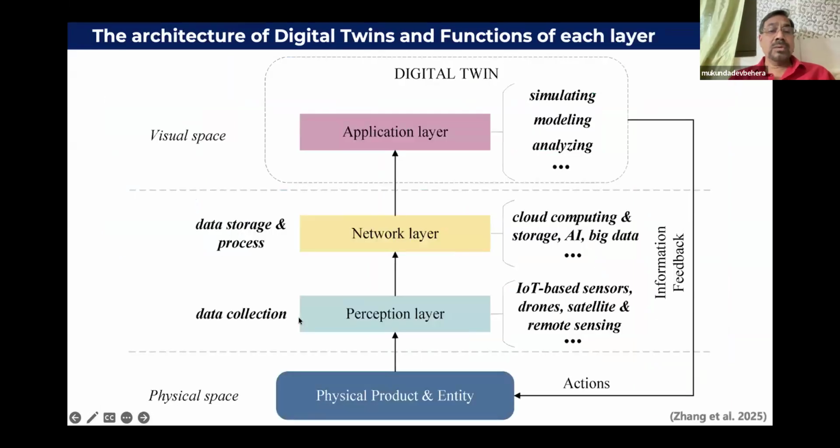So this is what we put under the various developments as far as the architecture is concerned. So the architecture of the digital twins and the various layers: you can see the physical product and entities, perception layer, network layer, and application layer.